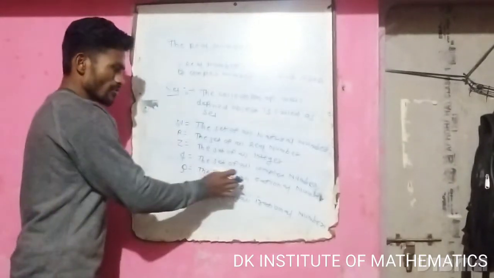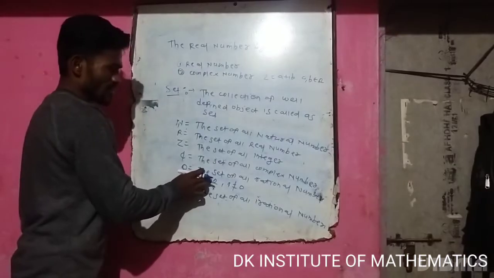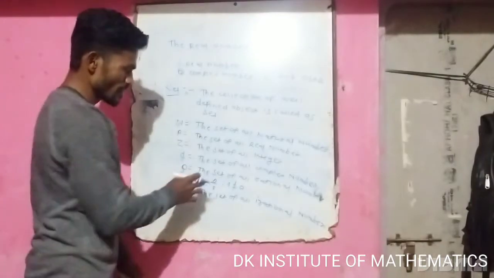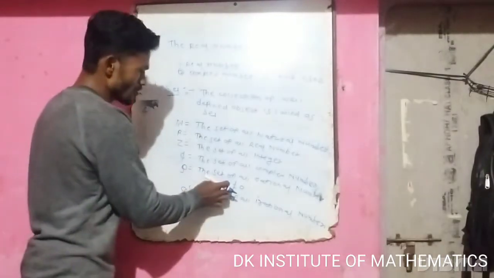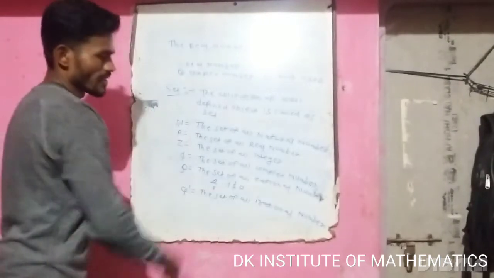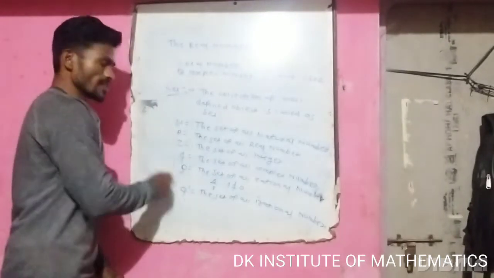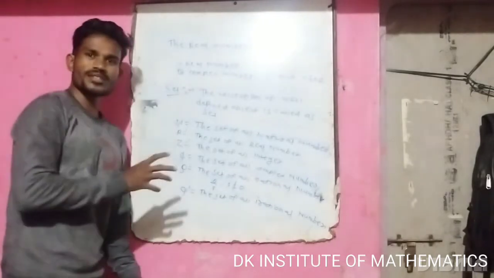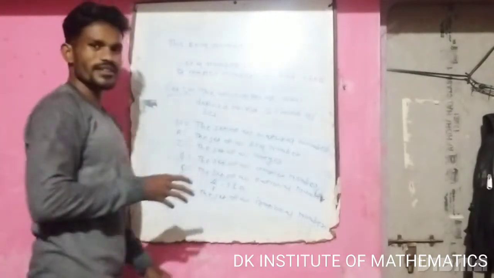And Q, the set of all rational numbers, written in the form p by q, where q is non-zero. And Q complement, the set of all irrational numbers. These are the notations of some specific sets in set theory.